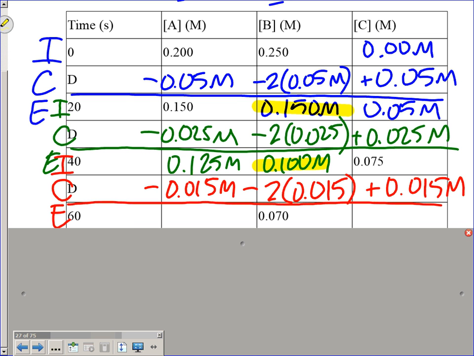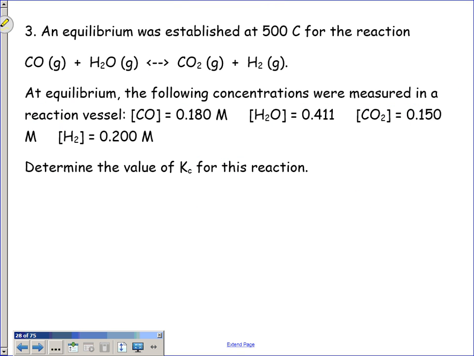At 40 seconds, it was 0.1. At 60 seconds, it's 0.07. Are we at equilibrium yet? No, because we're still changing concentration. We're not at a constant concentration yet. So you could see a graph coming from this and actually graphing it to see when you met equilibrium based on the time that it was a consistent value. Your graphs should be similar to yesterday's. Okay.